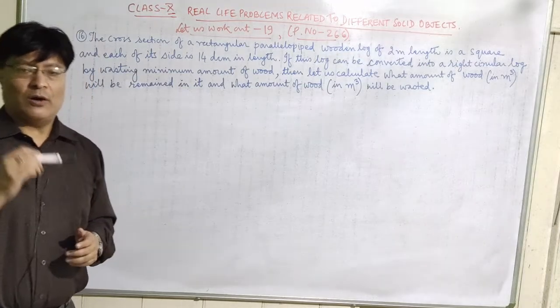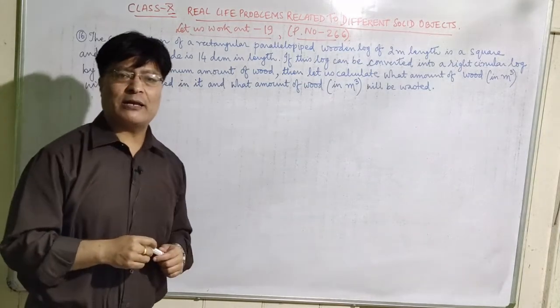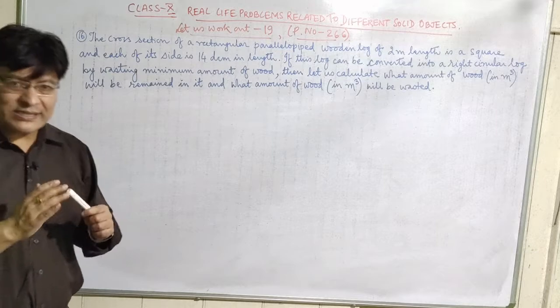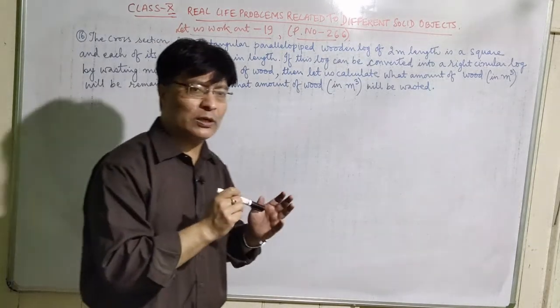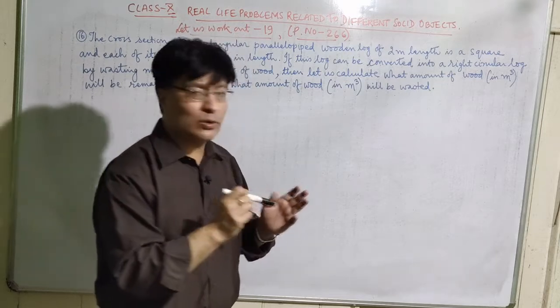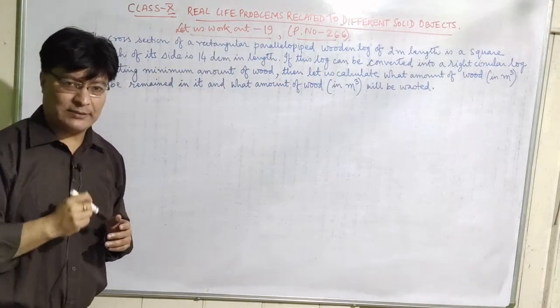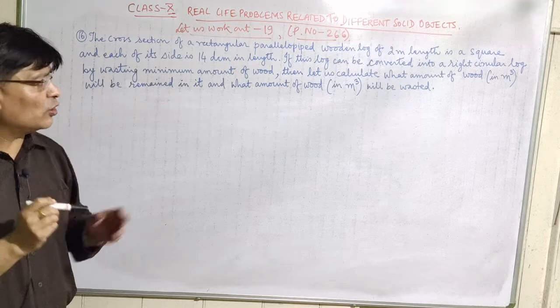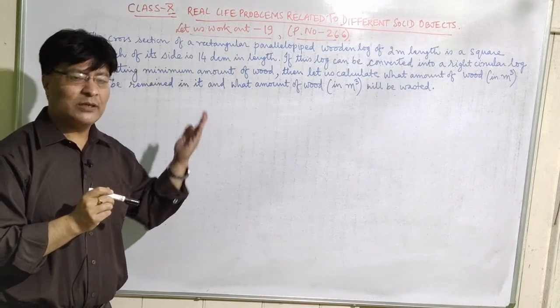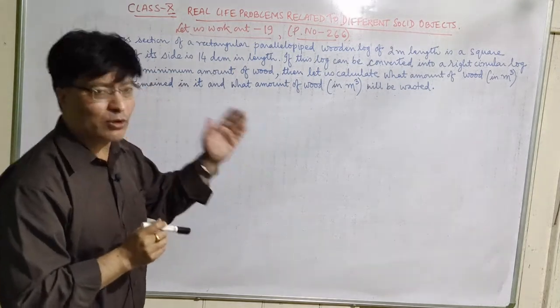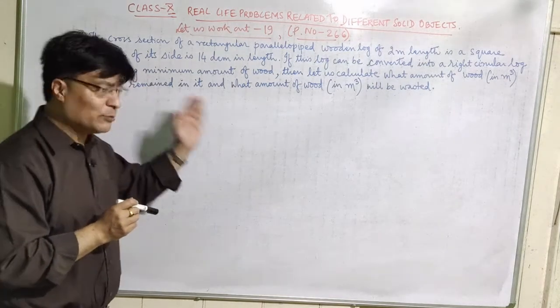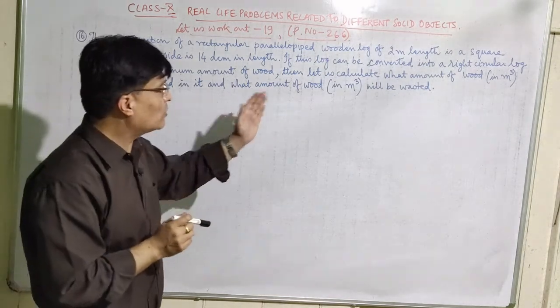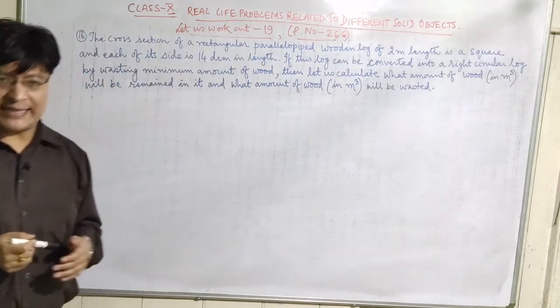Now from that rectangular parallelepiped, by wasting minimum quantity of wood, a right circular log of wood is made. And what will be the volume? You have to find out the volume of the right circular log of wood in meter cube and you have to find out also the amount of the wood that will be wasted.